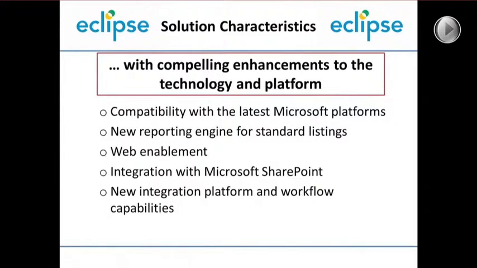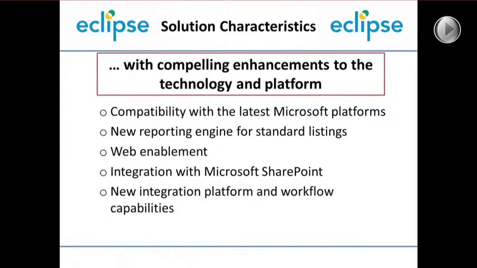Also, there's been a move towards web enablement. So web enablement means a couple of things. Perhaps most excitingly, what this new release brings is the ability to run the full version of SunSystems completely inside a browser. So this, for example, eliminates in a lot of cases the need to deploy things like terminal services or Citrix solutions for giving access to remote offices.